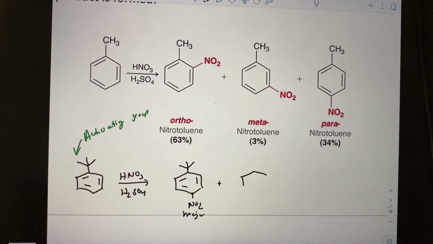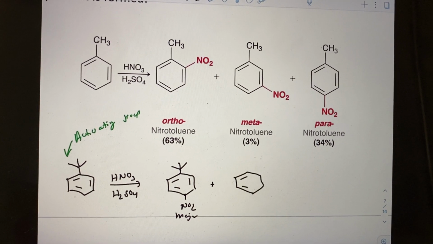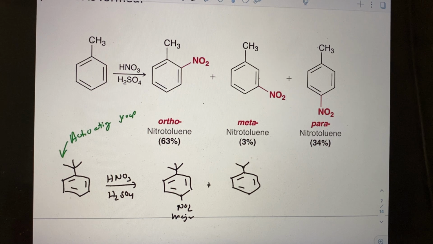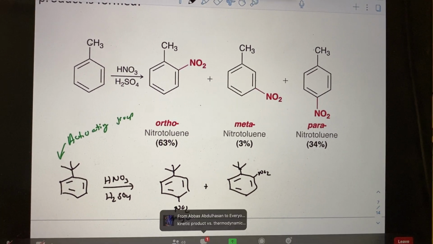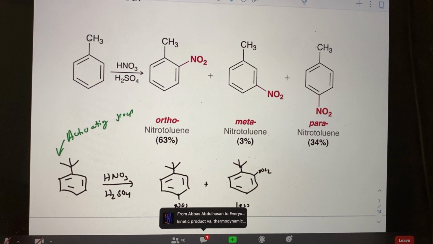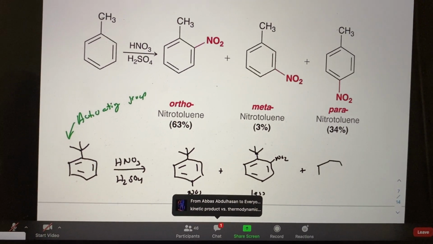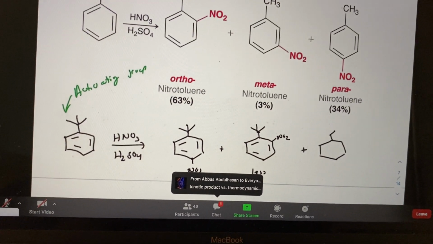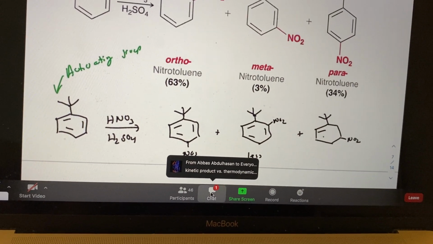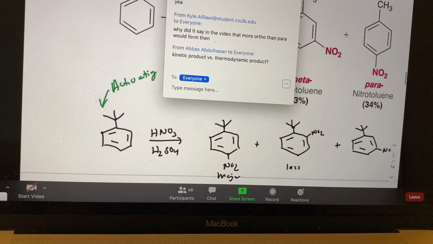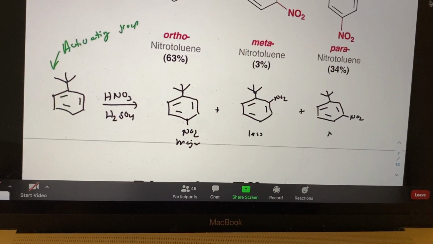And then you might get a little bit of the ortho. But there'd be less. And then only a small amount of the nitro at the meta position. Oh, sliding to the right. Minor.